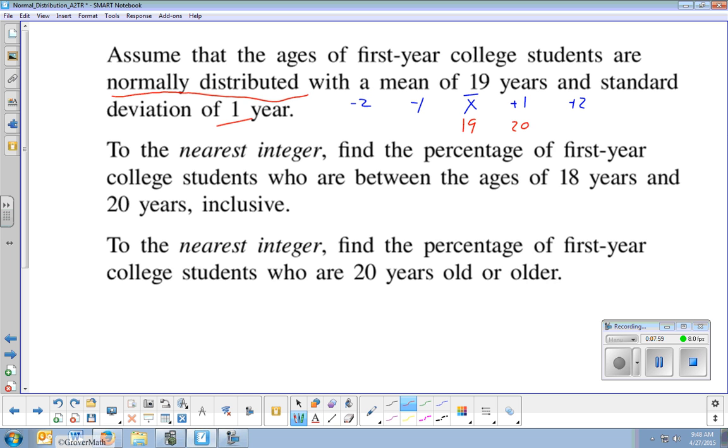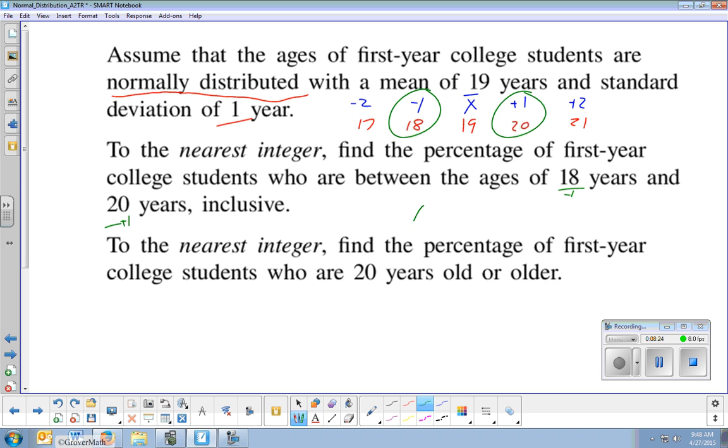So that would be 20 and 21. Plus 1, plus 1. Minus 1, minus 1. 18, 17. To the nearest integer, find the percentage of first-year college students who are between the ages of 18 and 20. So 18 is the minus 1, 20 is the plus 1. How many are between that?